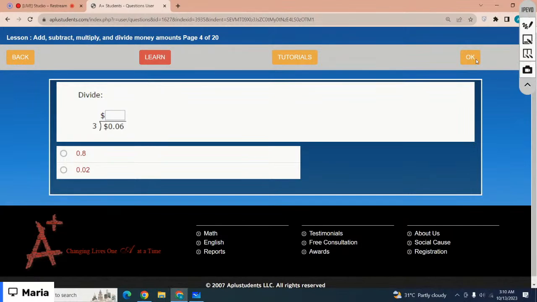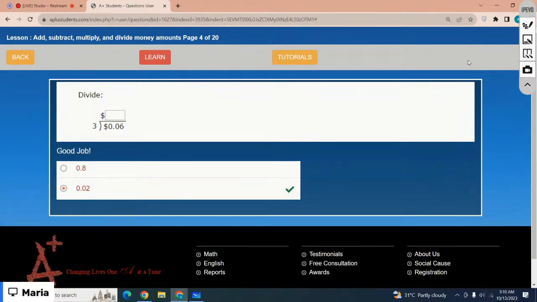The correct option is 0.02. Option number 2 is the correct option. Very good. When you divide, the decimal point is exactly in the same position, right? So that would be 0.02. Option 2 is the correct one.